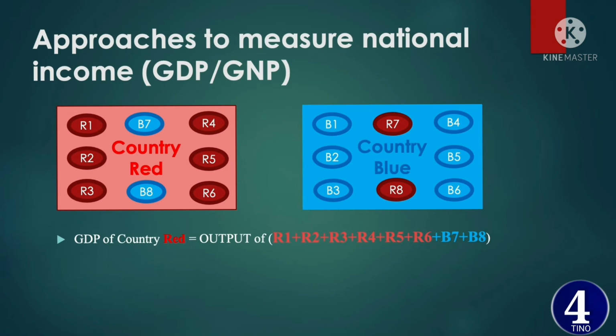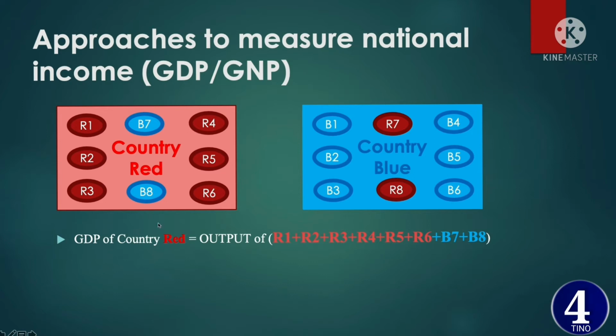In order to measure the GDP of country red, GDP, which is gross domestic product, measures the output of country red in the sense that all the outputs produced by all the workers inside the country, irrespective of their citizenship, whether they are citizens of the red country or of the blue country, are counted.